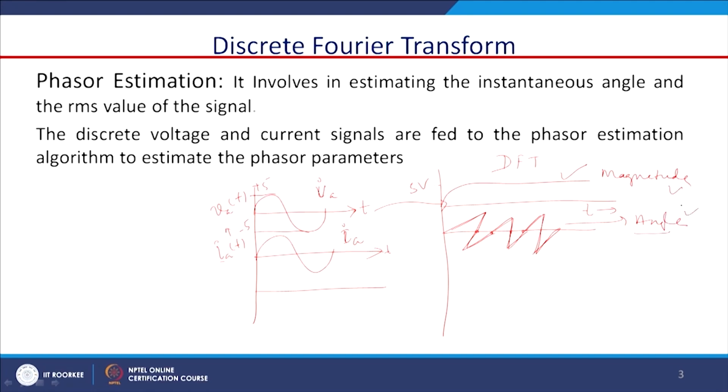So, this magnitude and angle we are interested to extract using this DFT of this particular sinusoidal signal, voltage and current, which are basically the power system. I am just talking in terms of PMU or relaying practice or relaying field.